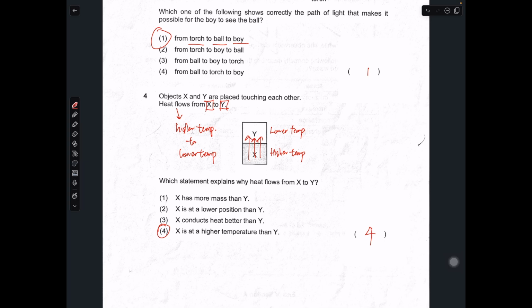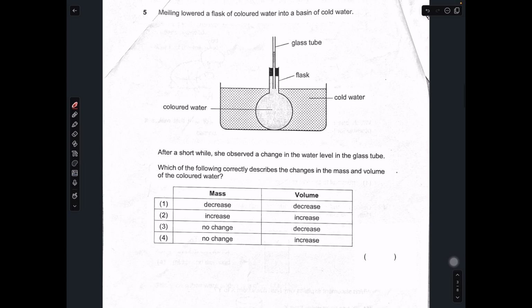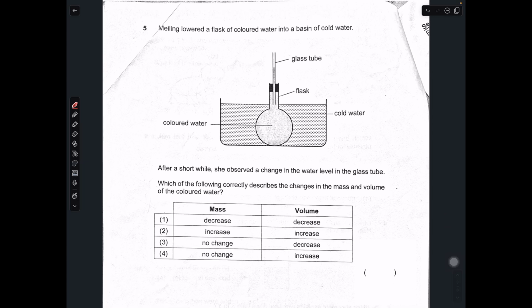Okay, let's move on to the next question. She lowers a flask of colored water into a basin of cold water. Let's take a look at this diagram. We have colored water submerged inside cold water, and there is some water that reaches this level.